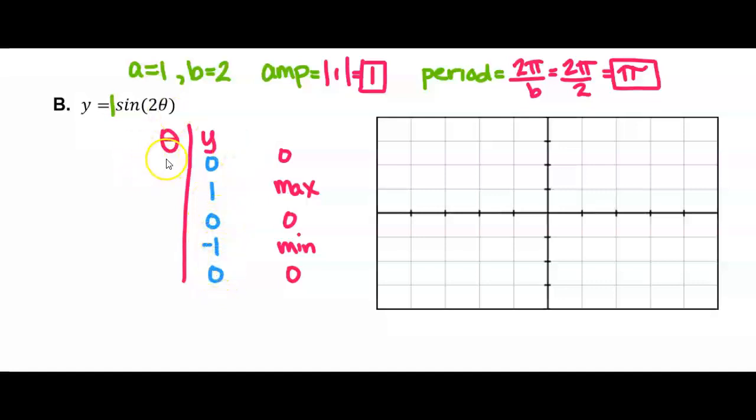And now let's look at the pattern of our theta, or our x values. So we start at 0, and it takes pi to complete this full pattern. So we're going to break pi into quarters.